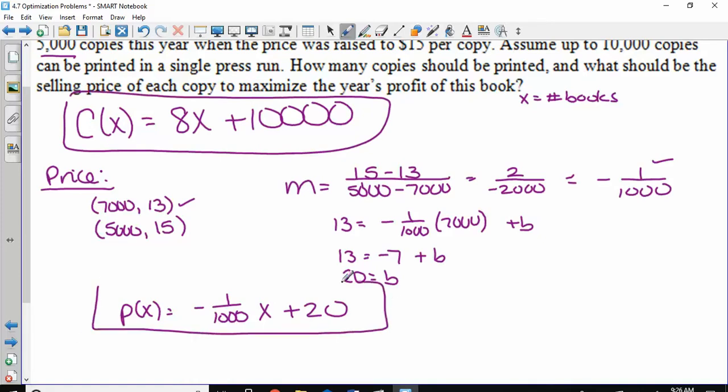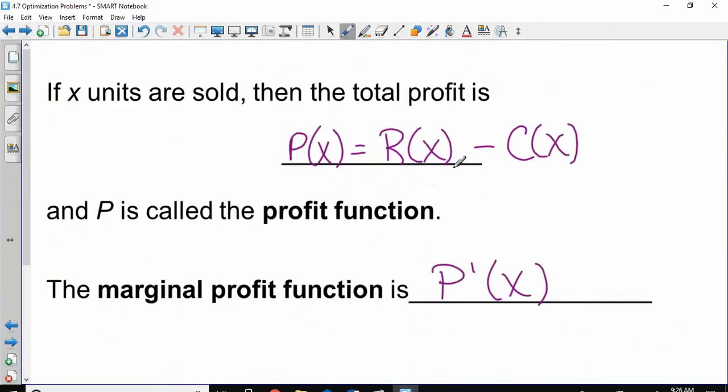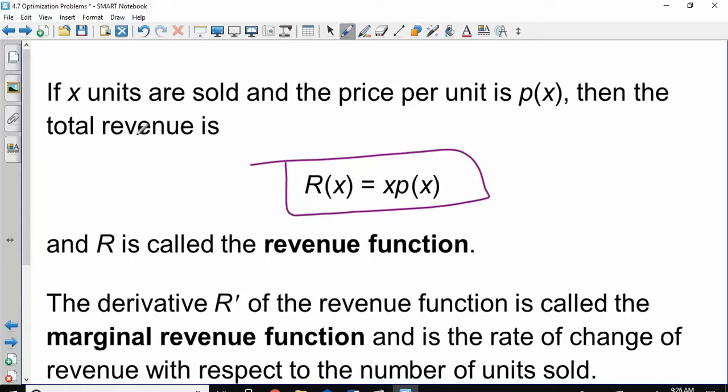So far, we know an equation for the cost to print it, and we know an equation for the price. We are trying to maximize profit. What is profit? Close. Profit is revenue minus cost. All I have is my price, but revenue is your price times your quantity.